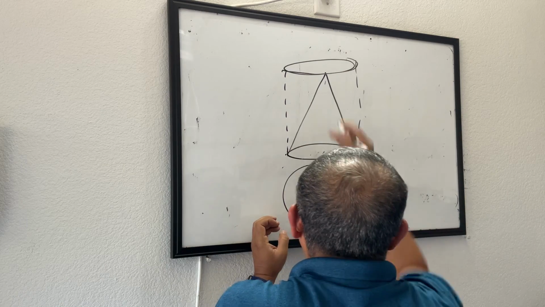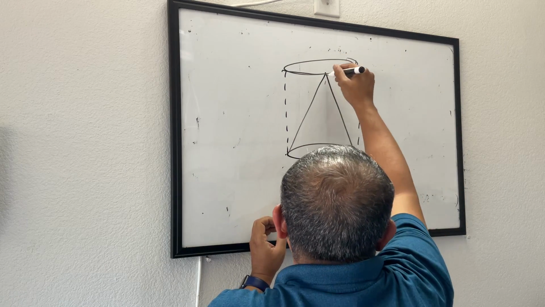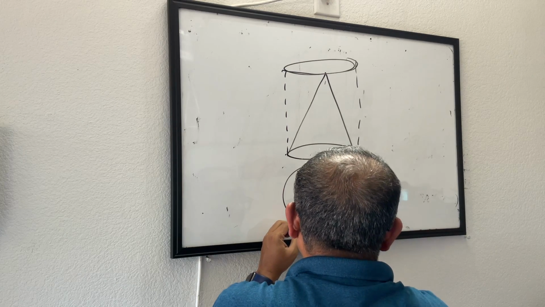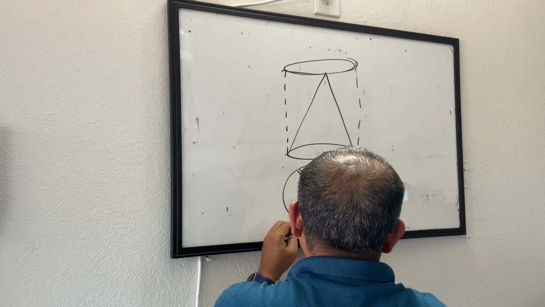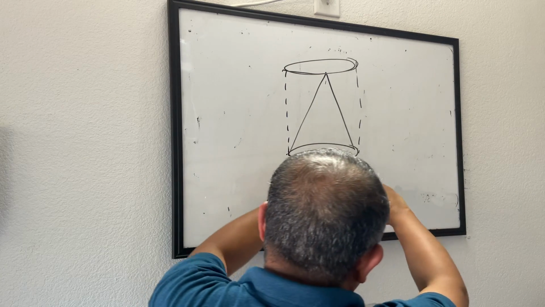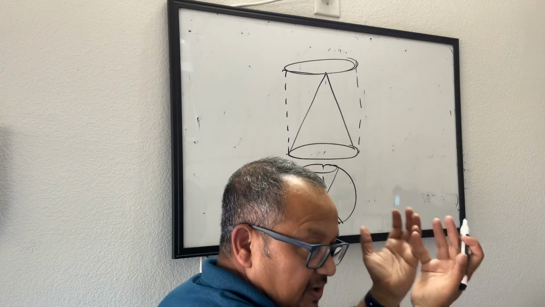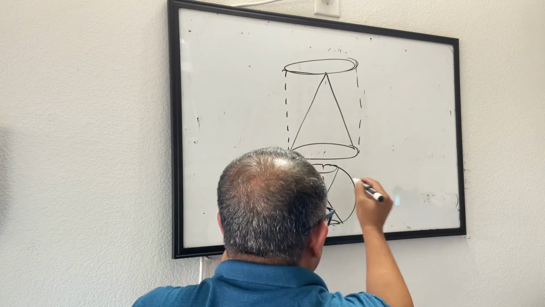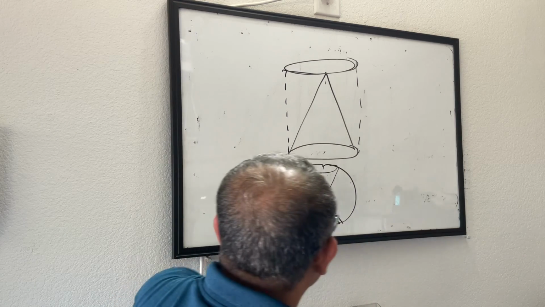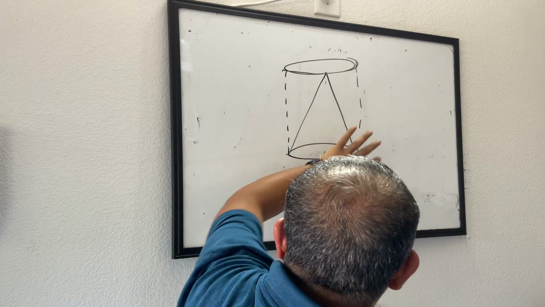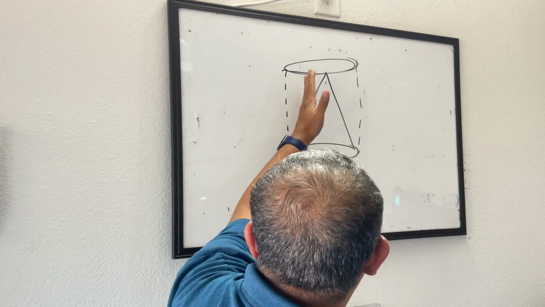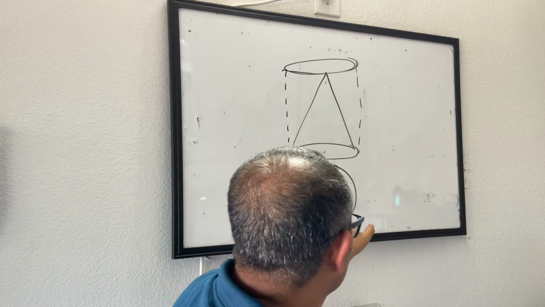If you're seeing it from the top, you're only seeing this one. And these two sides, when they combine and when you rotate them, will make the other two cones. So whatever is the volume of one right cylinder, you should divide that by 3, one side this one, one side this one.